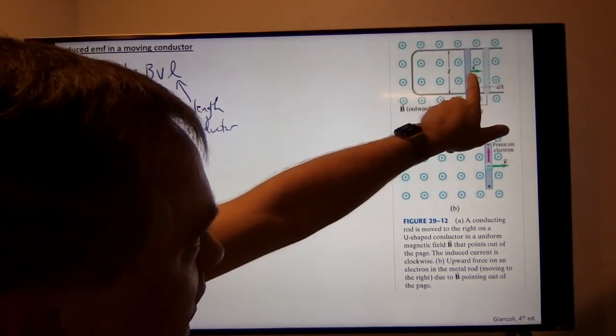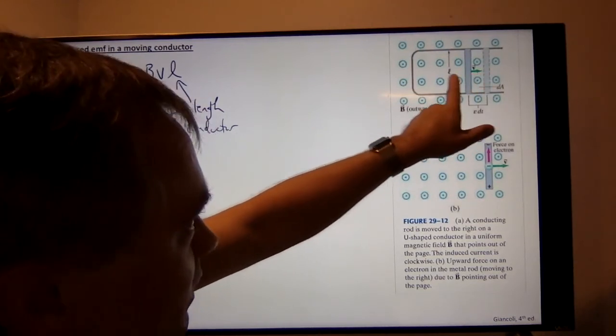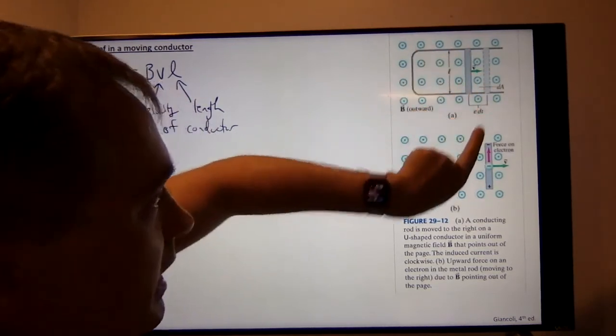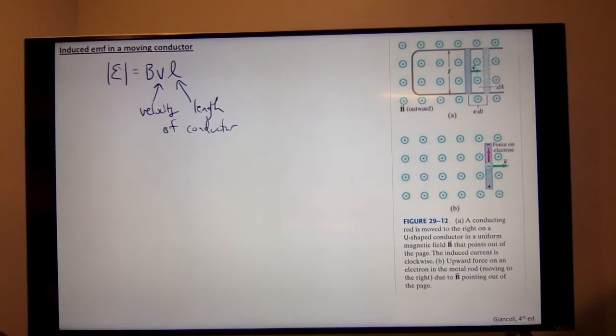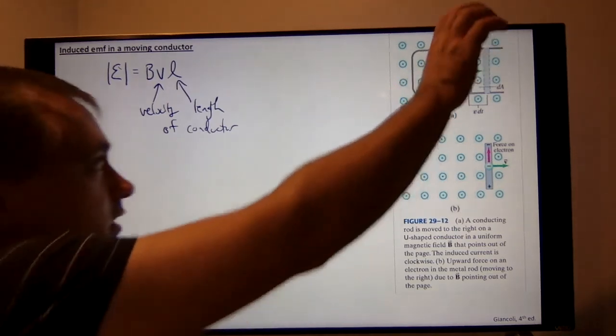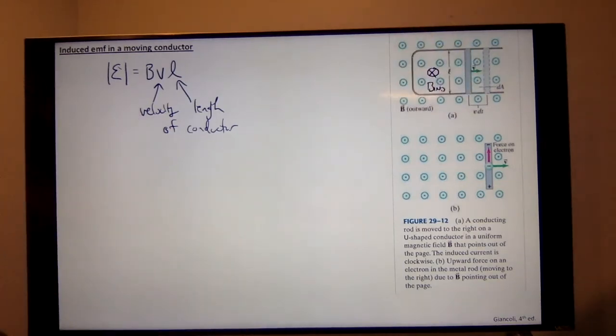If the conductor is moving to the right, that means more of this magnetic field is getting through that particular loop. It's going to oppose that and give me an induced magnetic field in the opposite direction. An induced magnetic field in the opposite direction gives me current that flows around this loop in the clockwise direction. So I induced is this way.